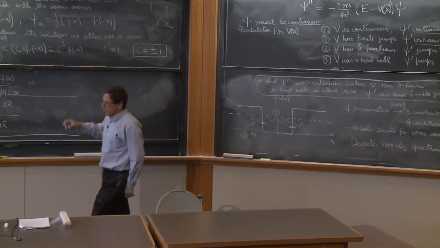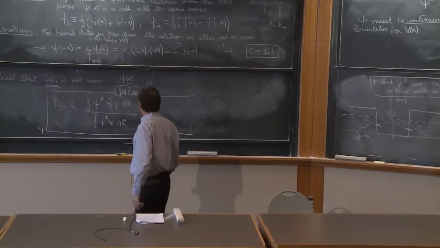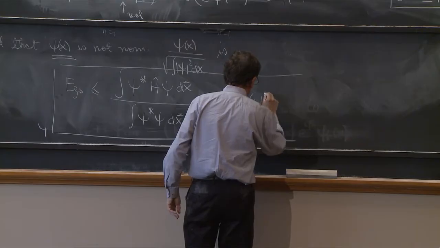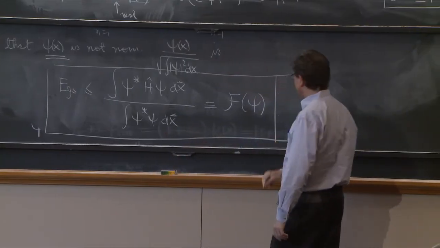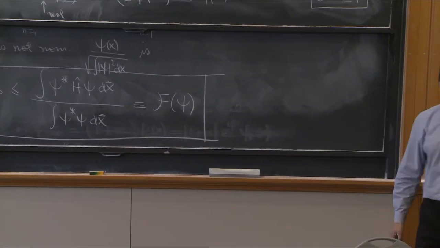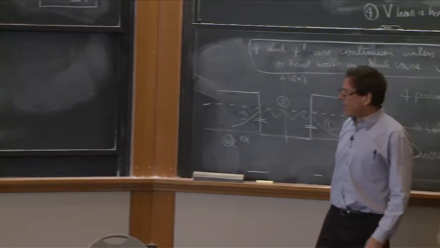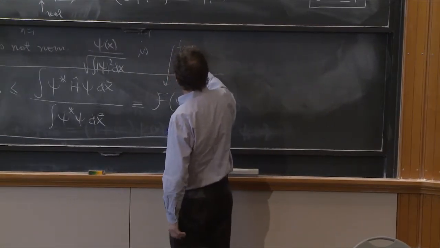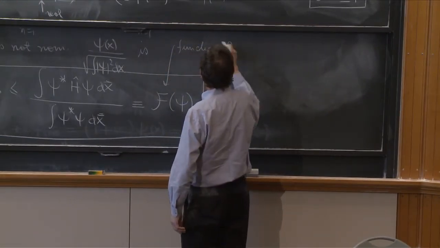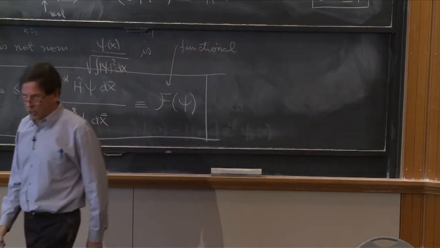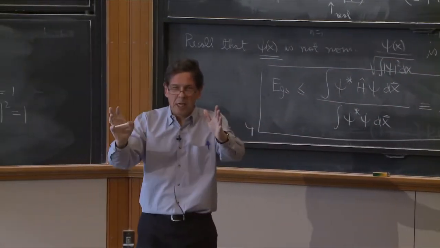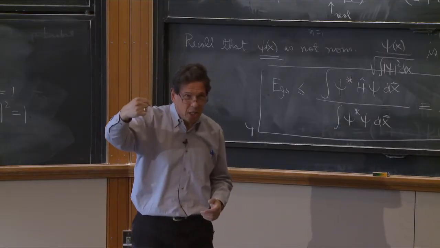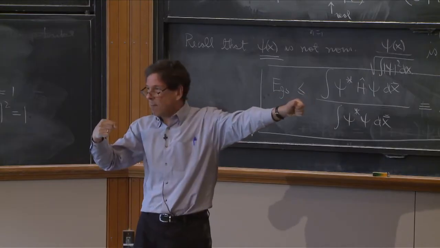So here, let me introduce just a little name. F of psi is what is called a functional. What is a functional? A functional is a machine or an expression whose input is a function and whose output is a number.